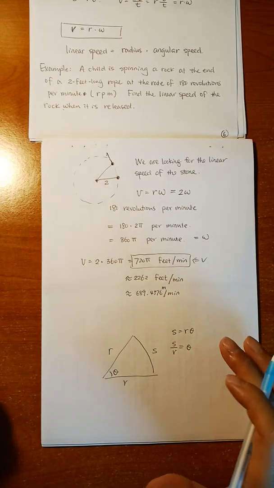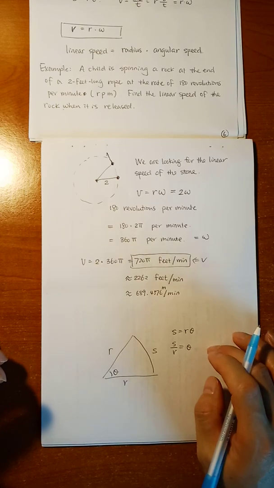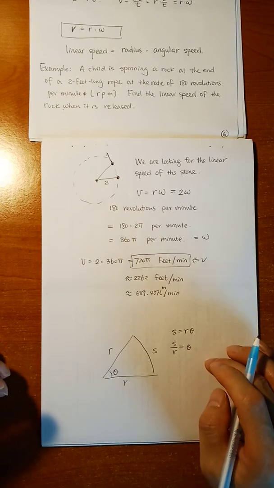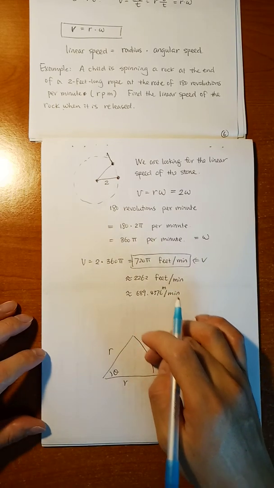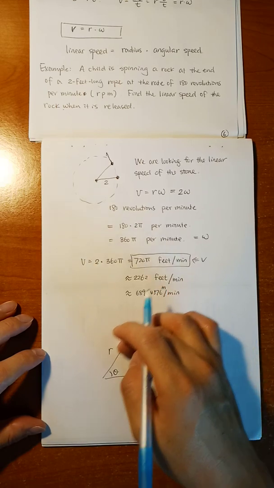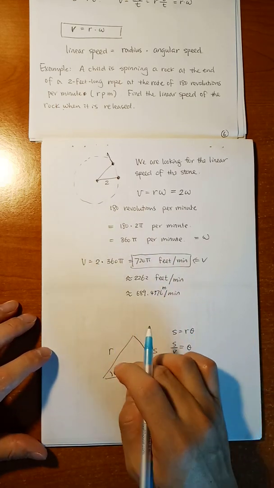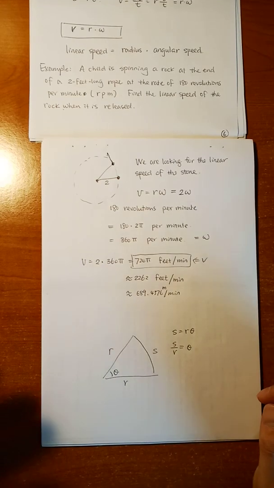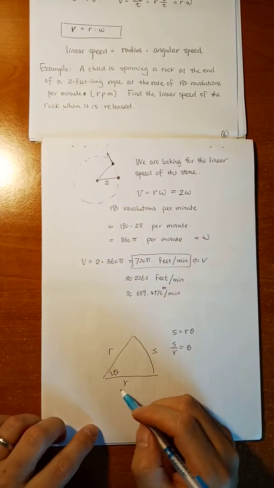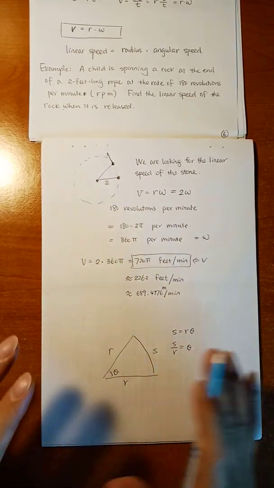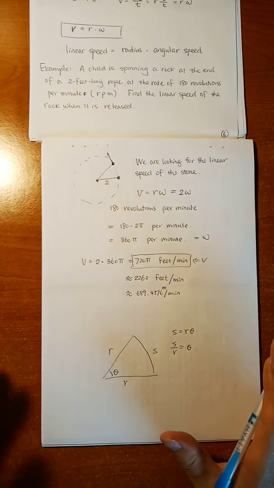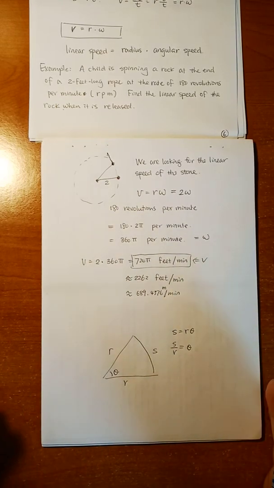This is also a proper definition for the radian. When you get the length of the arc and divide it by the radius, it is equal to the radian measure of the central angle. When we talk about the central angle, we don't need to place it in the standard position. It's not necessary.